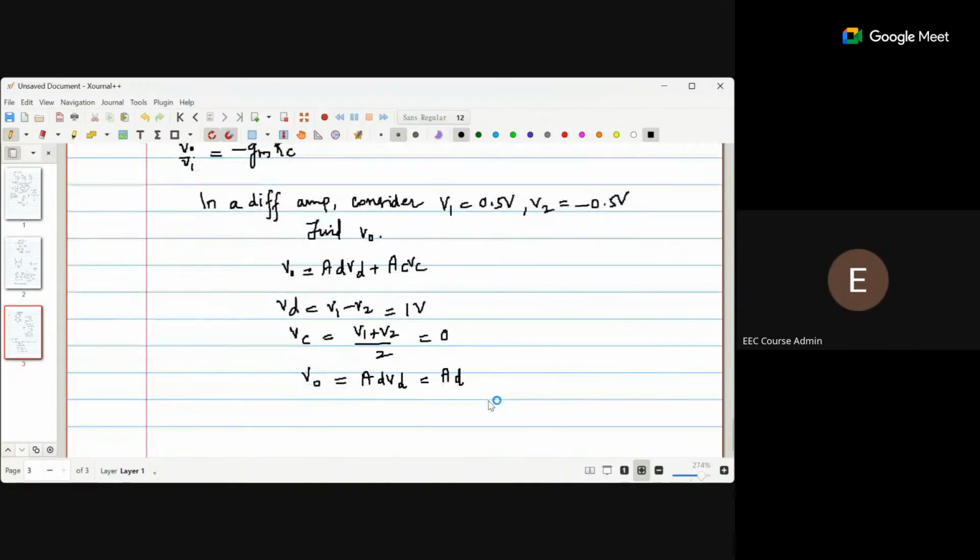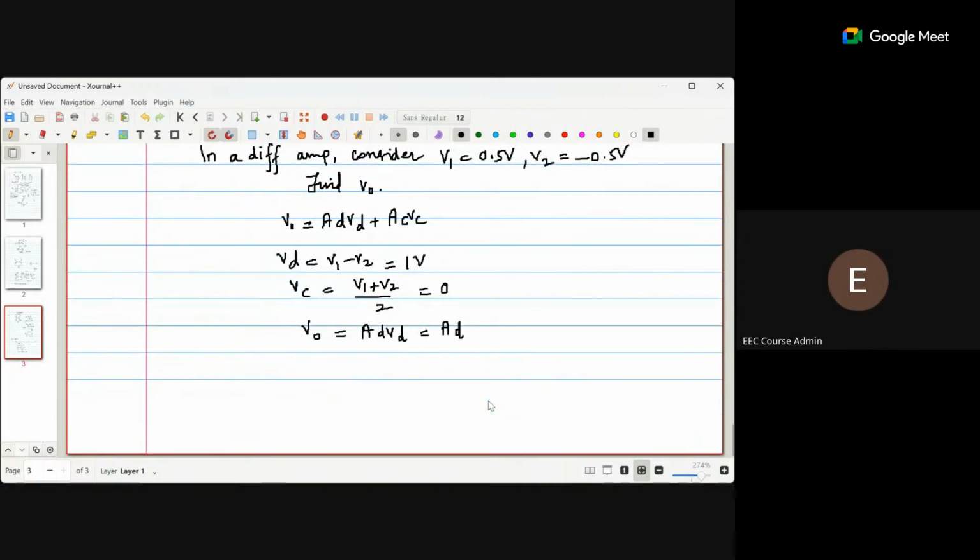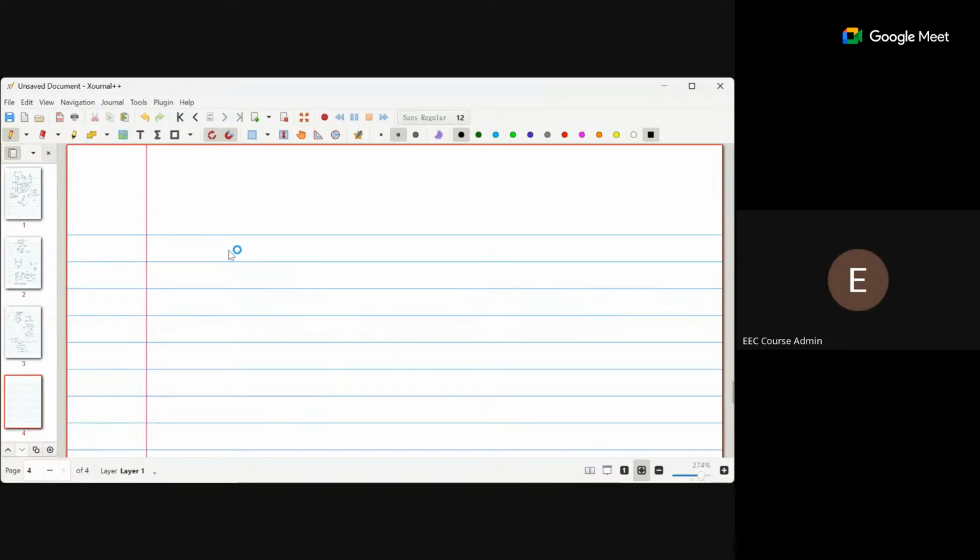Now if you consider, say for example, V1 and V2 equal to 1 volt. Then we have to find V output. Then it will be 0? Then what will happen? Will it be 0? Here V naught will again be equal to AD VD plus AC VC.